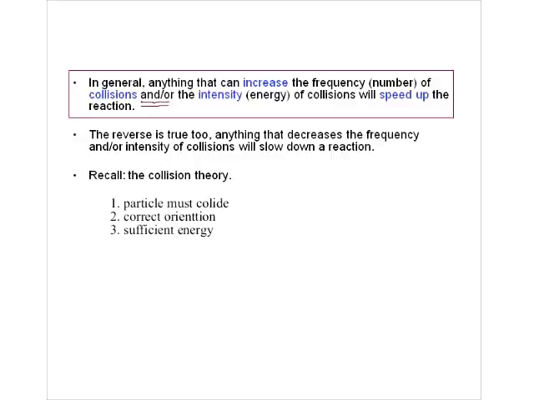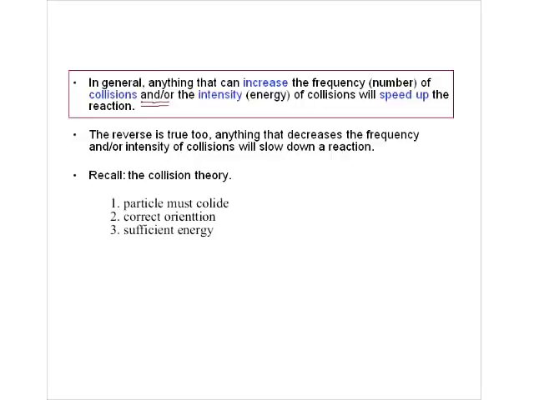Okay, so we're saying then that anything that could possibly increase the frequency or the number of collisions, anything that would cause the molecules to bang together more often, then chances are we're going to get a successful reaction. Or anything that causes the collisions to be more intense. So if we can make them bang together with a lot more energy, then we're probably going to get over that activation energy barrier.